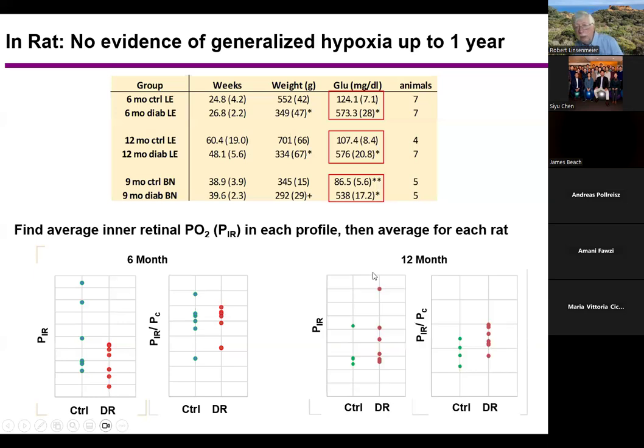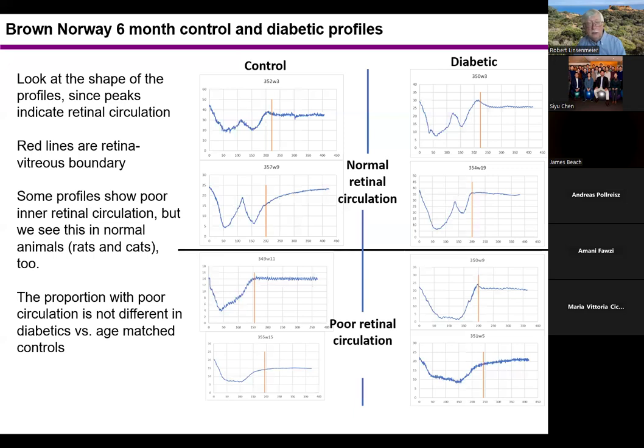And the same thing is really true after 12 months of diabetes. No clear evidence of hypoxia, even after a year of very poorly controlled diabetes. Now, there's another way to look at this, and that is to look at the shape of the profiles. Because, of course, if there's occlusion of the circulation in the inner retina, you will lose these peaks.